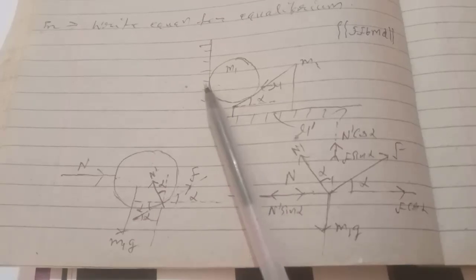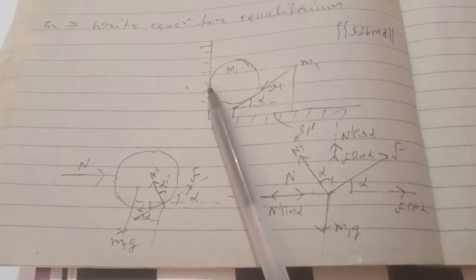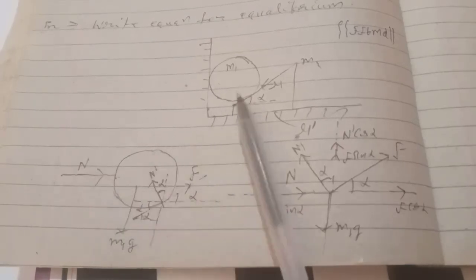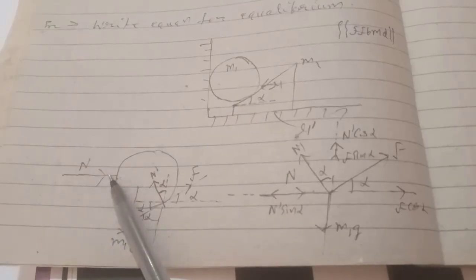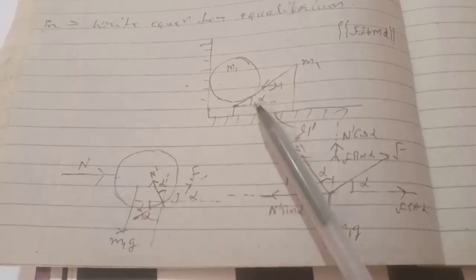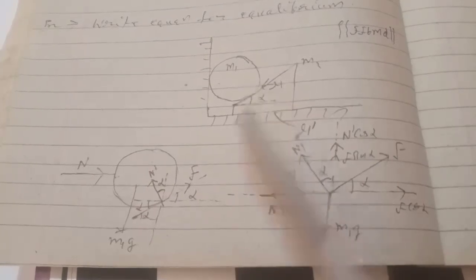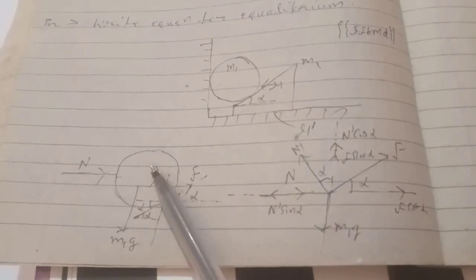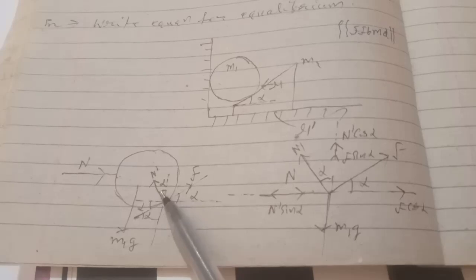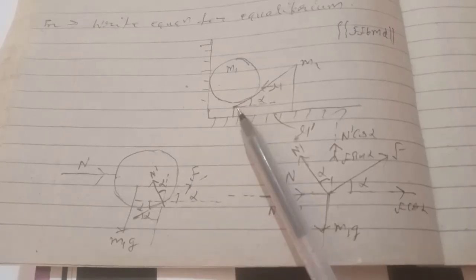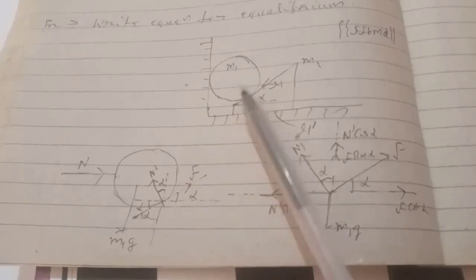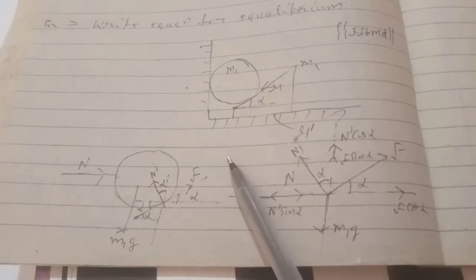The normal contact between this surface is N, shown on this body in this direction, and the normal contact on this body is N dash, and again this will be alpha, as proved earlier, alpha from the vertical.